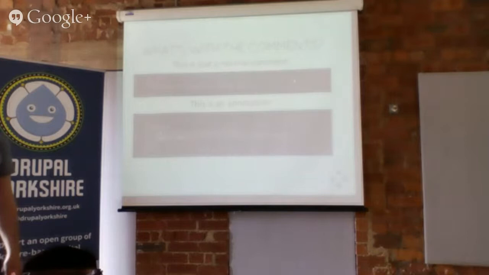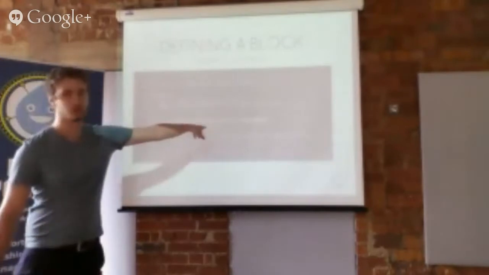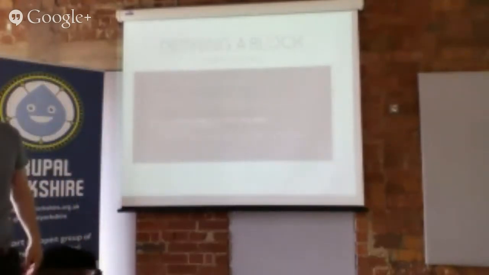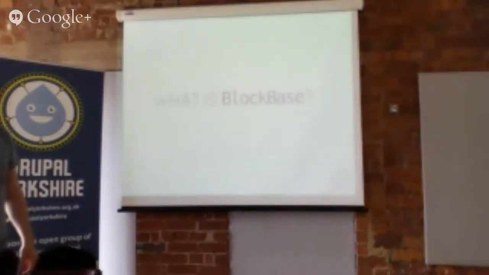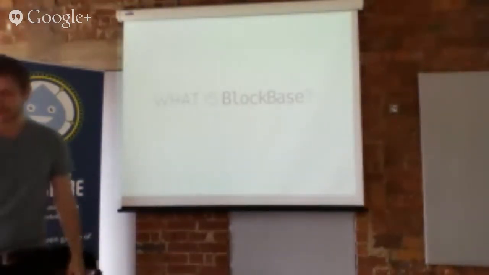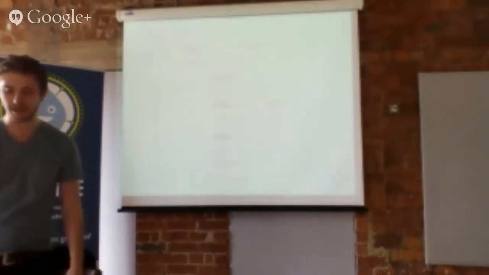The other thing that you may have noticed is that we're extending block base, which is an abstract class. What is block base? There's a simple answer and a more complicated answer.